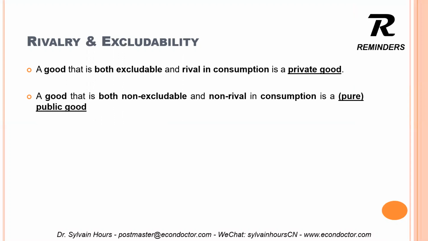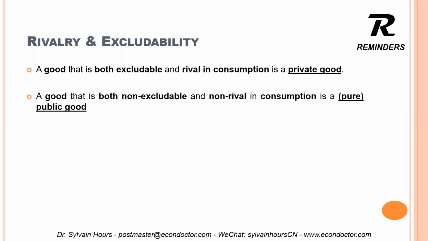Sometimes we add the term pure, a pure public good, because there are some goods that have only one characteristic of a public good and not the other. For example, you have some goods that are rival but non-excludable, or non-rival but excludable. And sometimes we call these goods impure public goods or quasi-public goods.